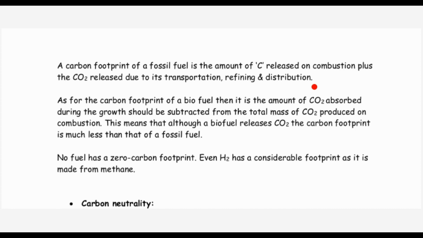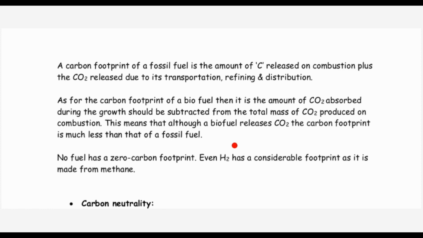So that should also be added, right? And in the distribution process, carbon dioxide is released. So all those have to be counted, even for fossil fuels, right? Even fossil fuel extraction involves the release of carbon dioxide. Then you have the extraction process, and it goes on, like even distribution. A certain amount of carbon dioxide is released, right?